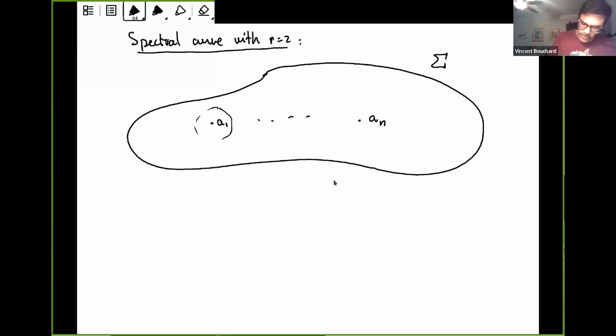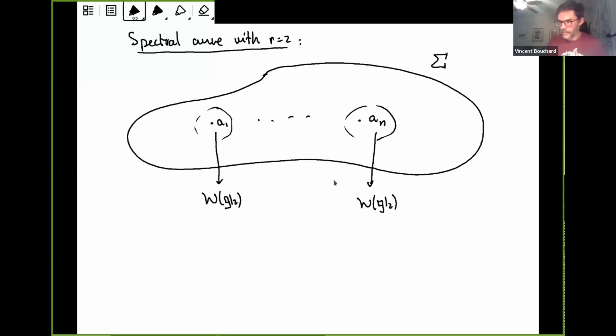All you do is that to each ramification point, you attach a copy of W of GL2, or if you want, Virasoro, which roughly speaking is the same after reduction from GL2 to SL2. And basically what you do is that you assign either Kontsevich-Witten or BGW constraints.